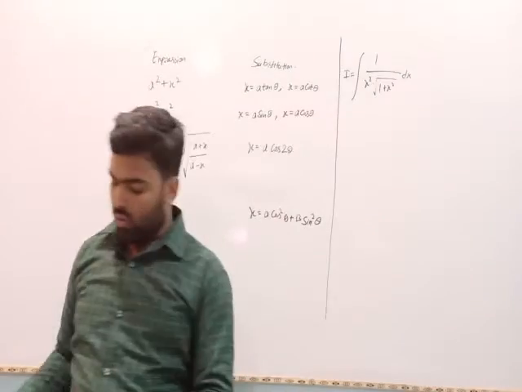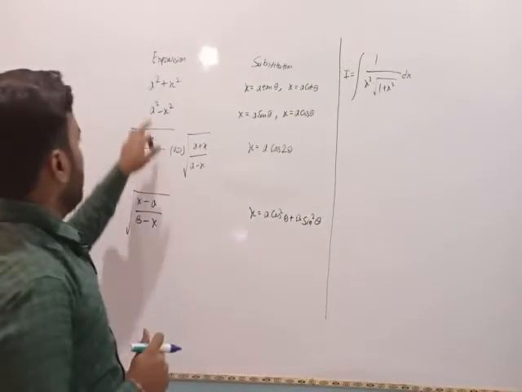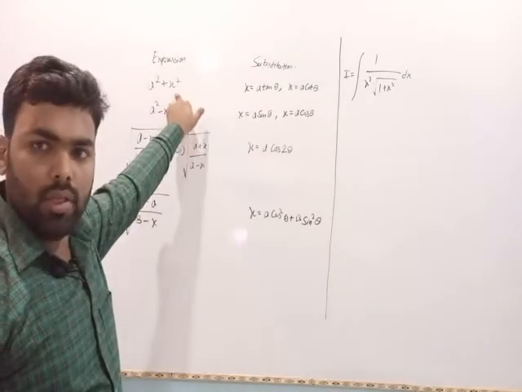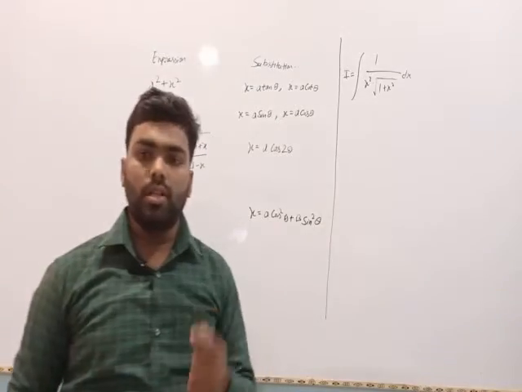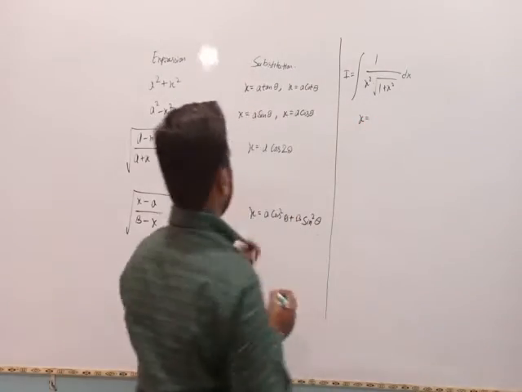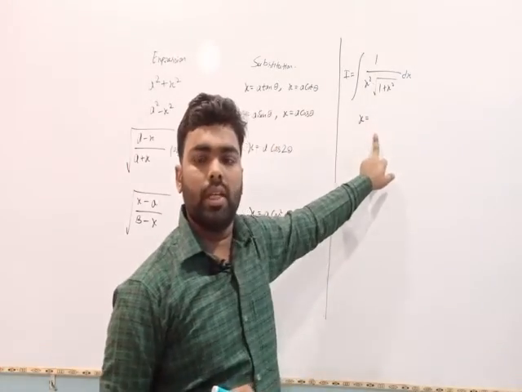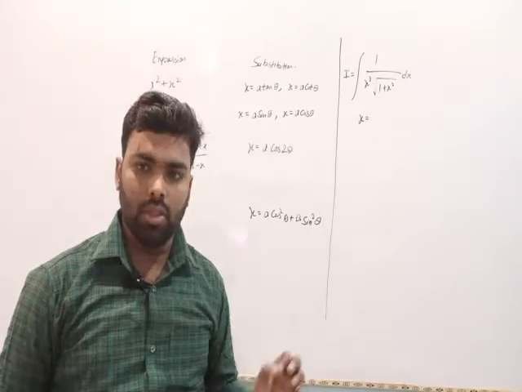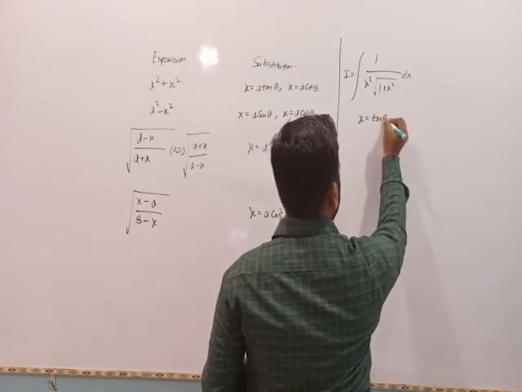Which substitution are we going to use? Now we have an a square plus x square kind of term, which is 1 square plus x square. So the substitution will be x equal to a tan theta. What is our a? a is 1. So here we will use x equal to tan theta as the substitution.